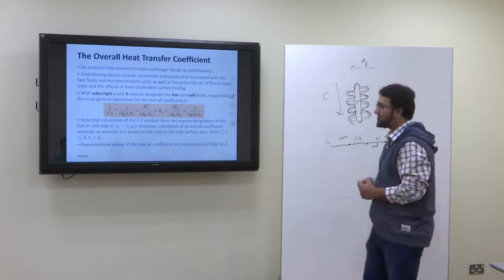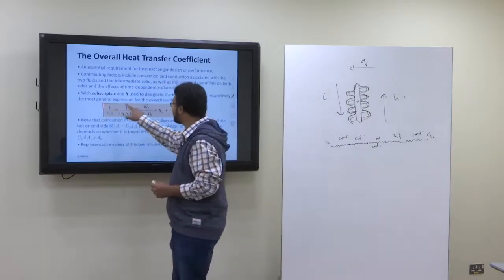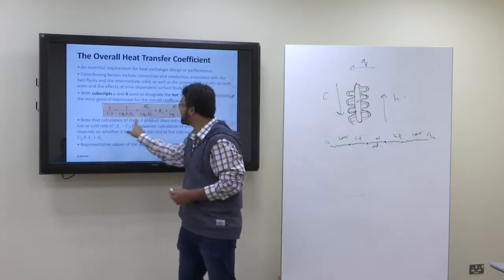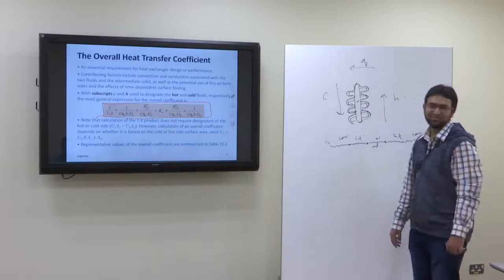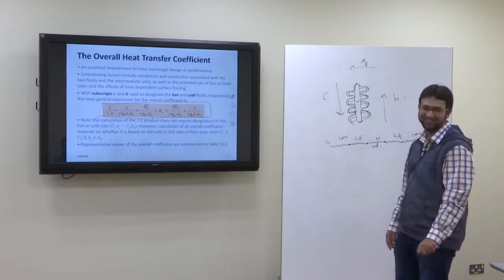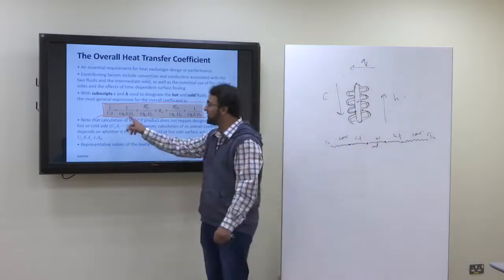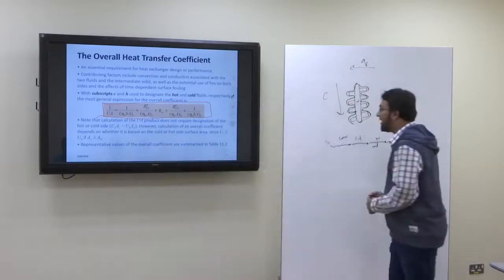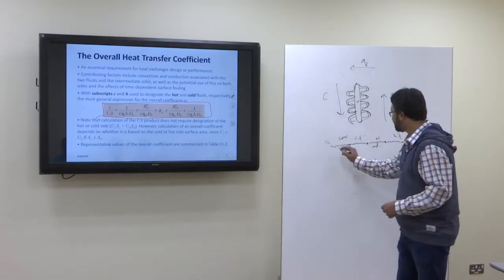So if we have this, then we can write the overall heat transfer resistance like this. Now you have to recall chapter number 3 back again. 1 upon UA is equal to 1 upon... it's written in a different order, but let's write it here.